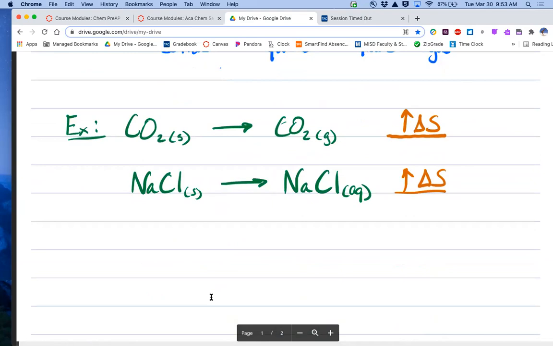CO2 solid sublimating to CO2 gas. You're going from solid to gas, that's an increase in entropy, an increase in disorder. Going from solid to aqueous, increase in disorder. Flip them and you get a decrease. Yeah? All right.